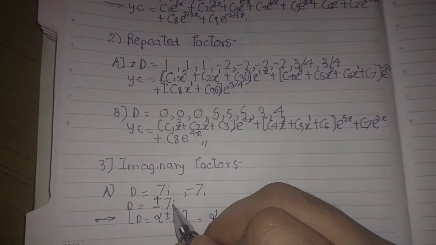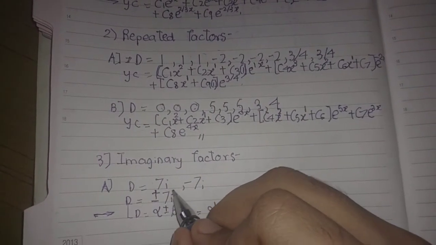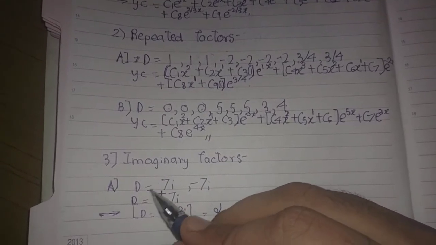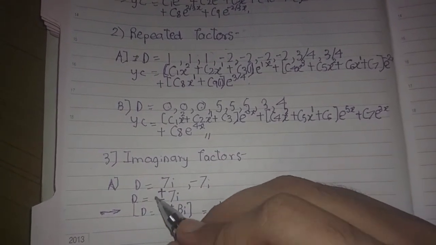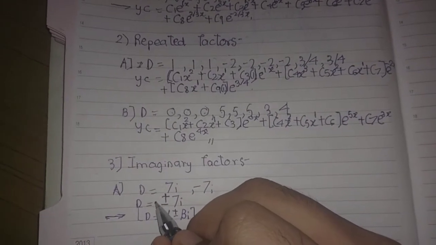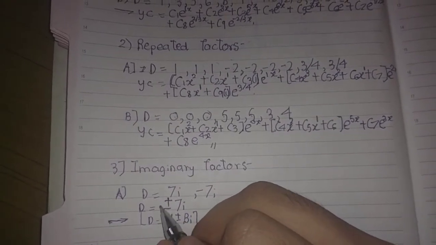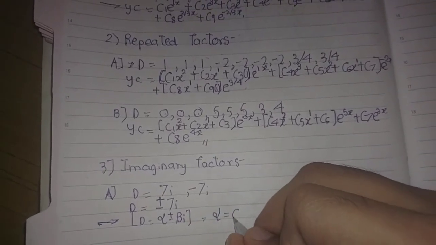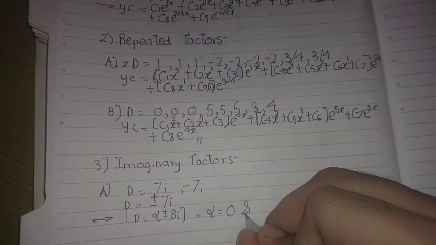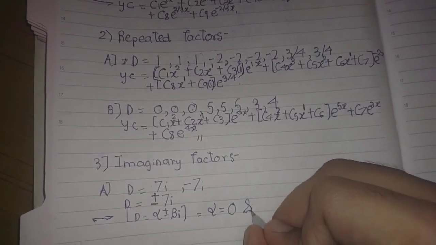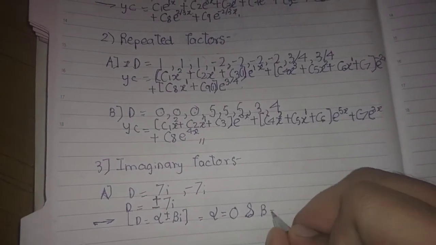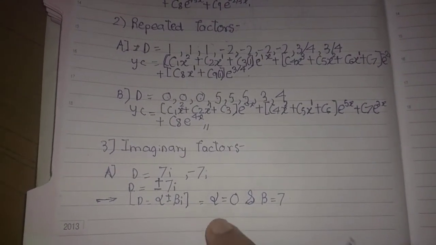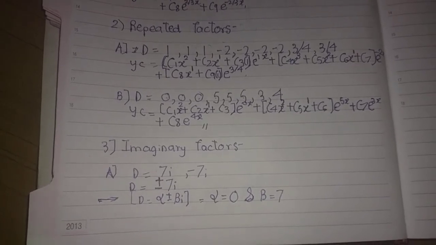Beta is the term which is associated directly with the i. So 7 here is beta, and alpha is the separated term which is not associated with i. We can see here that no number is associated with i, so we can assume that alpha is equal to 0 and beta is equal to 7. Alpha is equal to 0 and beta is equal to 7.